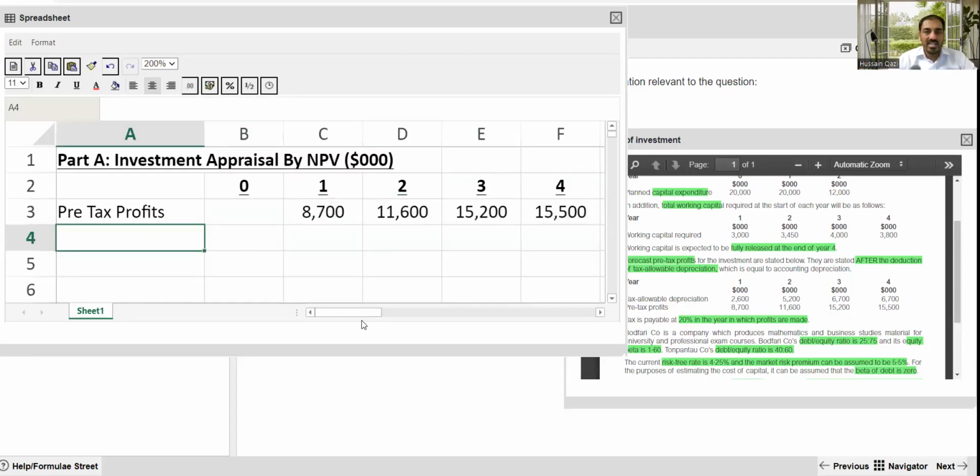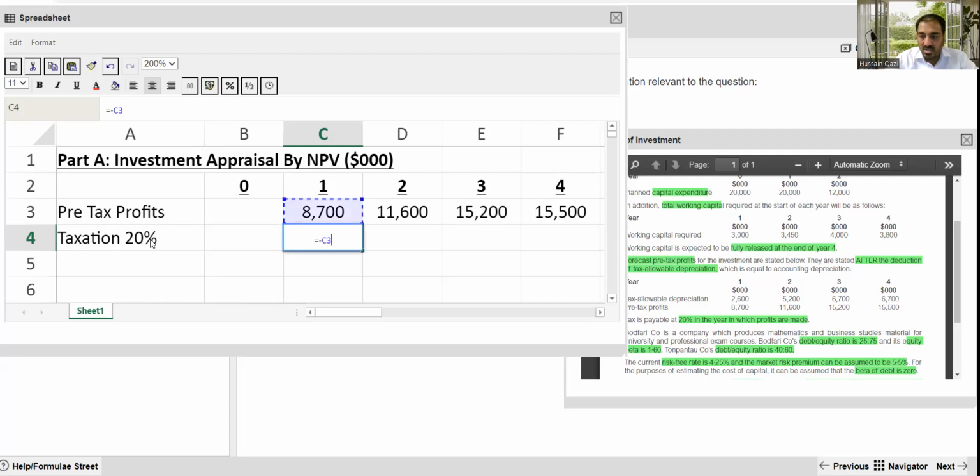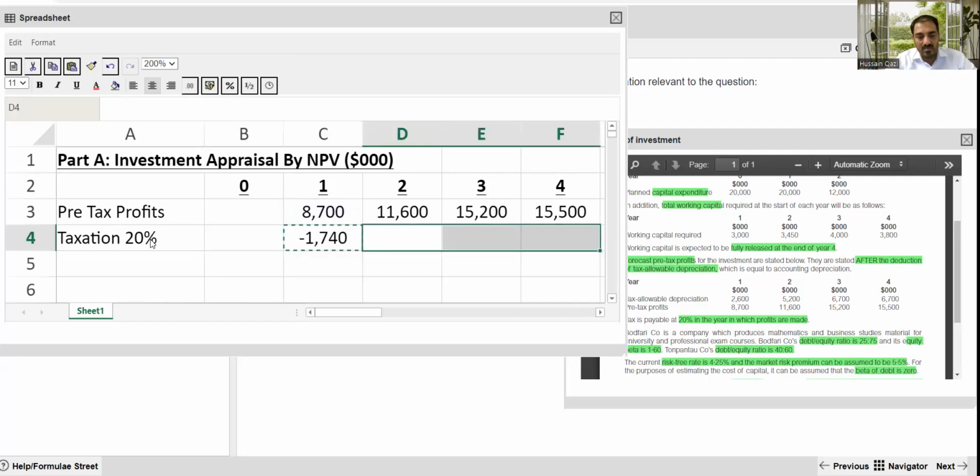Okay, so it's pre-tax, and here the examiner already mentioned the deduction of tax allowable depreciation after tax. So quickly calculate the taxation. Here taxation 20% is mentioned in the question, and the same here is equal to minus 8,700 times 0.2, which is 1,740, control C, control V. It's very simple.